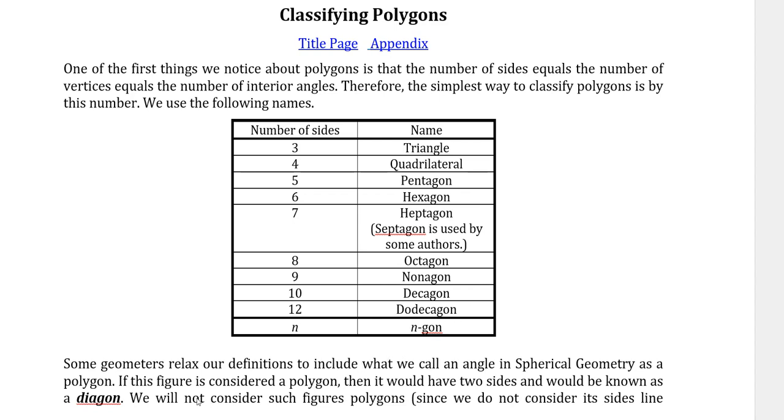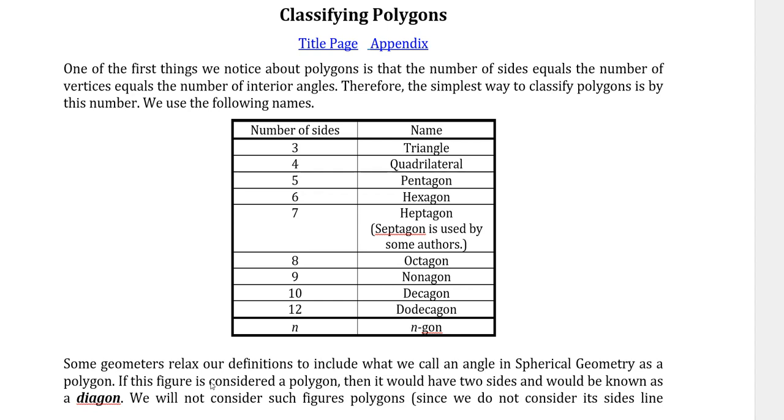Now, some geometers relax what would be our definitions to include what we call an angle in spherical geometry, the union of 2 rays with a common endpoint. It has a vertex, but those 2 rays also meet at the antipodal point. That is a closed plane figure in spherical geometry, and it is made up of line segments, but if we want to consider that a polygon, it could only have 2 sides.